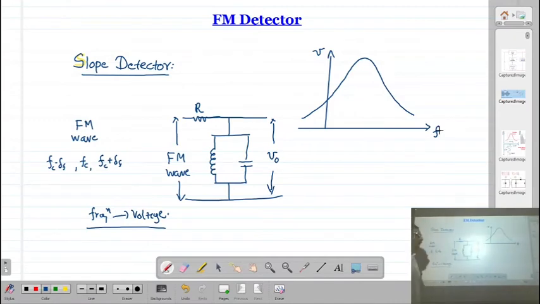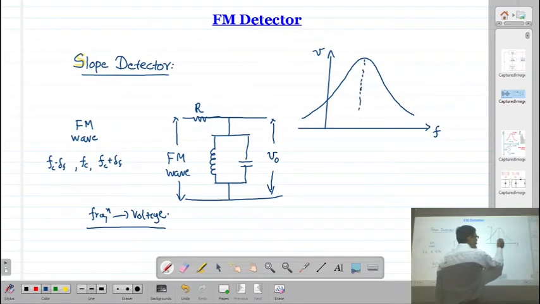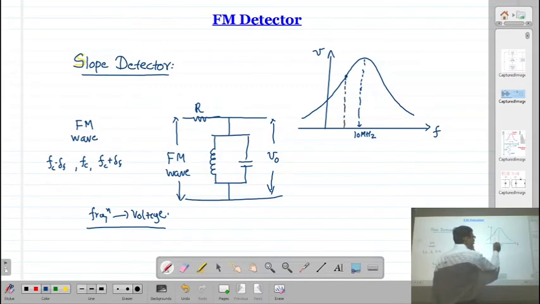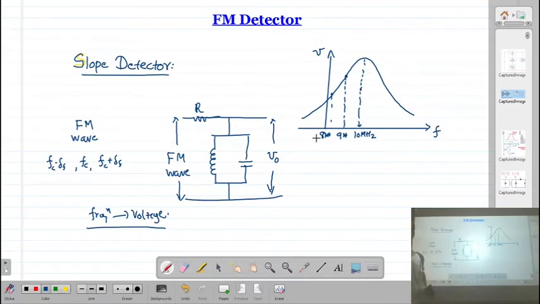Here you can see for a particular frequency, your voltage is maximum. Let us say this frequency is 10 megahertz. Then for 10 megahertz, it is a maximum. Here, let us say, this frequency is 9 megahertz, and this one is 8 megahertz. So for a different value of the frequency, the corresponding voltage is also different.